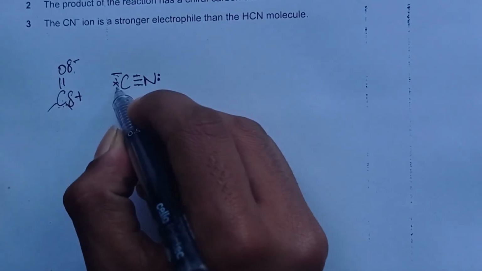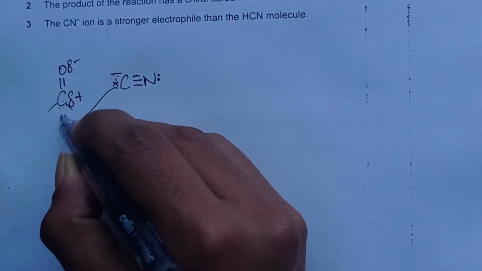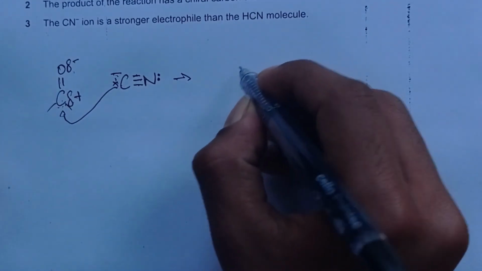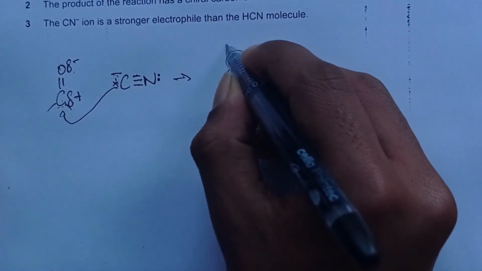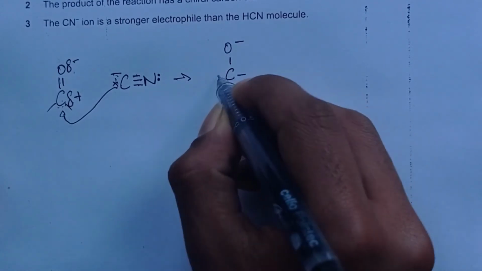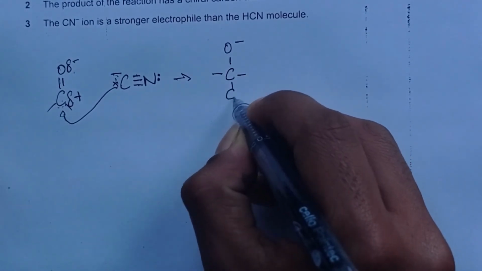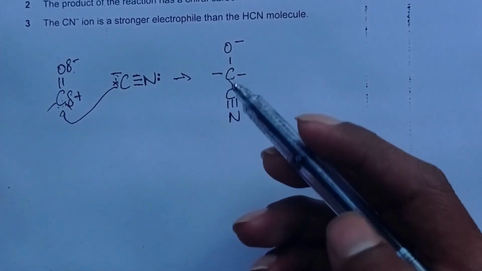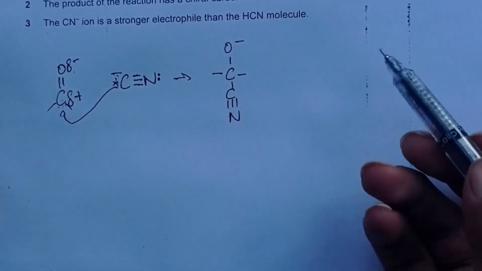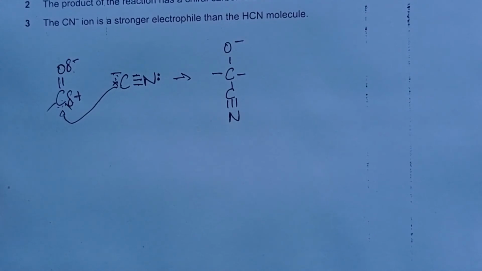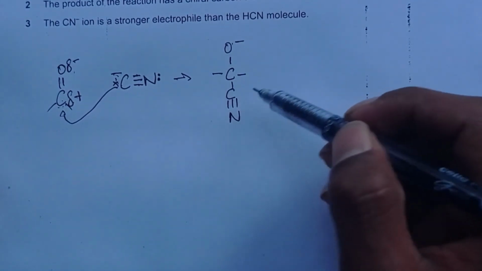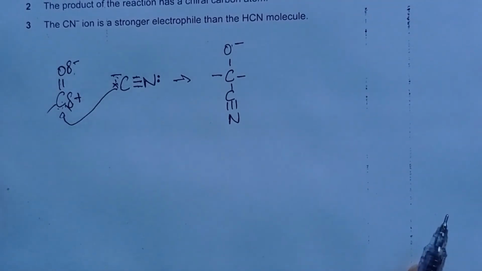So obviously negative will attack positive, and this will be added to here, and we will have O minus, the other group of atoms here, and then the nitrile group comes here. The nitrile or cyanide group comes here, and then we'll have HCN, and the reaction proceeds to completion, such that we'll have H later on here, and another cyanide ion will be given out.